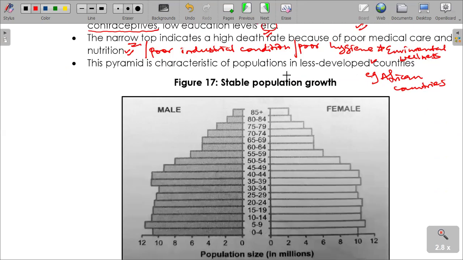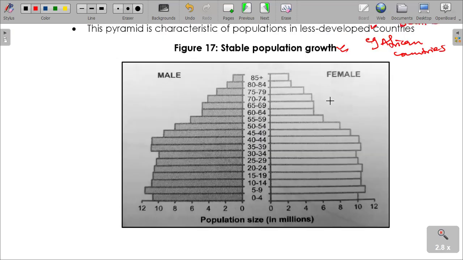And then we have a stable population growth, which can also be shown by a pyramid such as this one. So, class, did you understand here? You might also get questions where you are given pyramids, and you are supposed to account for the population representation depicted by each of the pyramids.